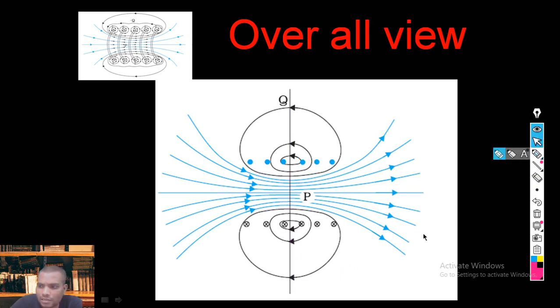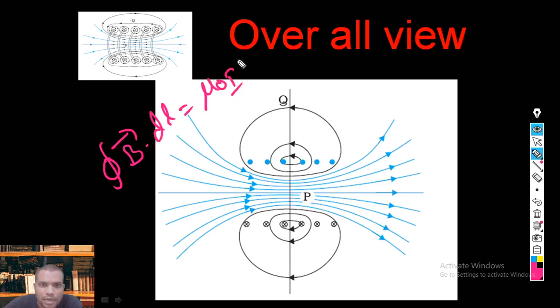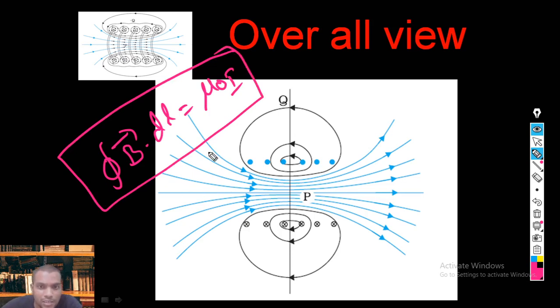Now our task is to derive a mathematical expression using Ampere's law for this magnetic system. If you recall Ampere's circuital law, the closed integral of B dot dl equals mu naught times I. By using this relation, I am going to find the magnitude of the magnetic field in this solenoid.